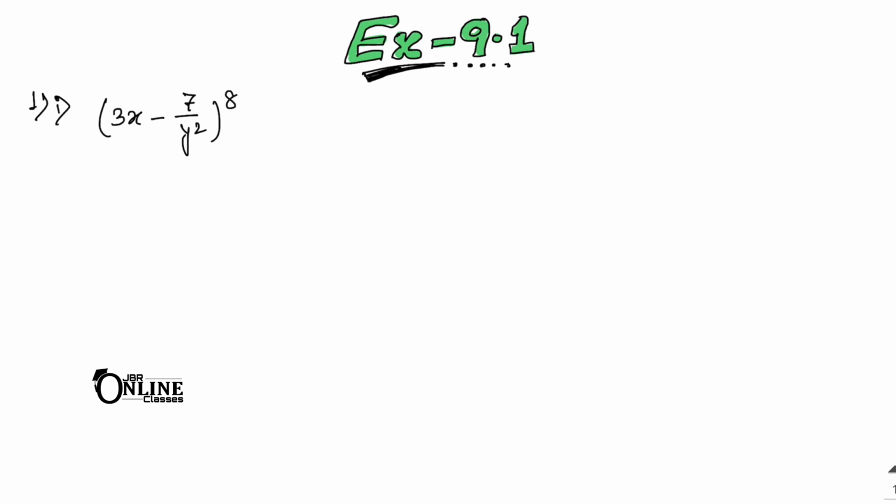Suppose you have an expansion (a plus b) to the power n, then the number of terms is always greater than the power by one. That means here the power is n, so the number of terms will be n plus 1. As here the power is 8, the number of terms equals 8 plus 1, that equals 9. It's very easy.